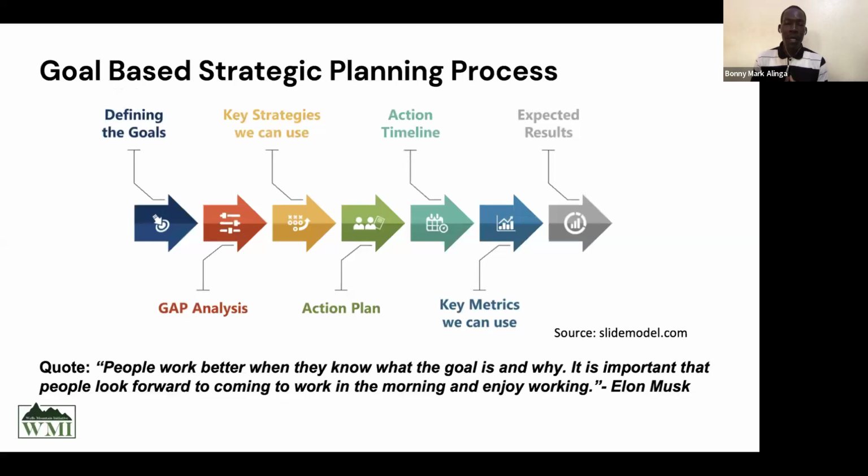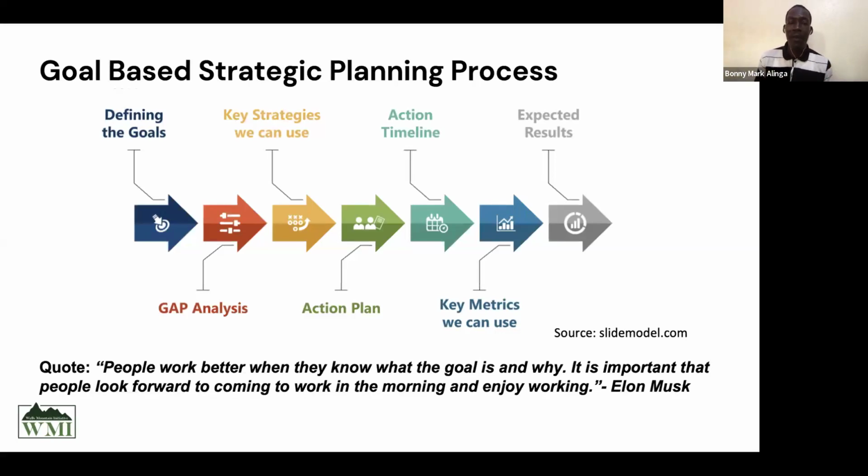So it is important that people look forward to coming to work in the morning and enjoying the work because they know they're going to make a result at the end of the day. So how do I get the goal-based strategic planning process into the process of getting my SMART goal to the niche that I want to have the company achieve?